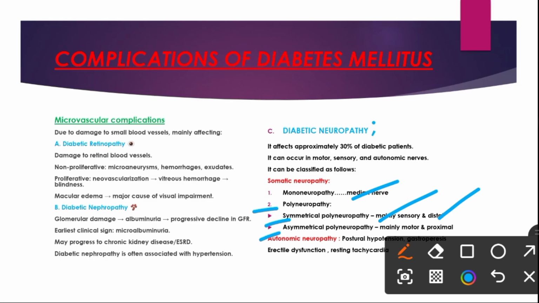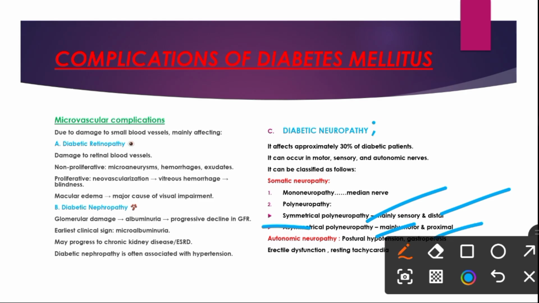And the second one is asymmetrical polyneuropathy, meaning that it involves the unilateral side, and the nerves involved are mainly motor, and they are proximal. So symmetrical polyneuropathy involves the sensory nerves and they are distal, and the asymmetrical polyneuropathy mainly involves the motor nerves and they are proximal.